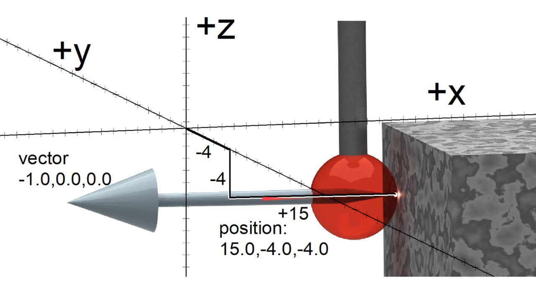But the other thing that goes with that is the direction vector. And here you see that direction vector is pointing in the negative X direction. So its I is -1, its J is 0, and its K value is 0. So that tells us that it is completely aligned with the x-axis.